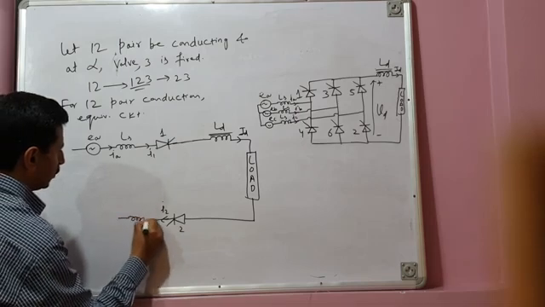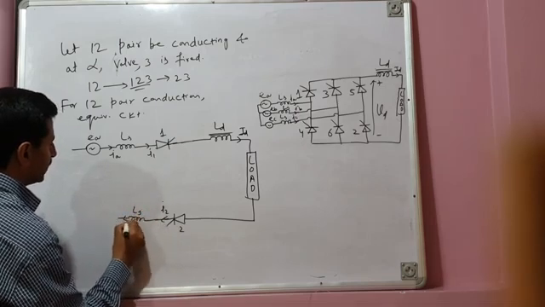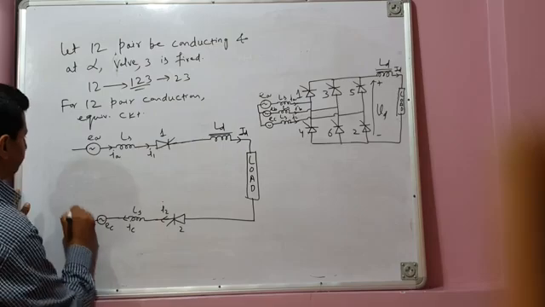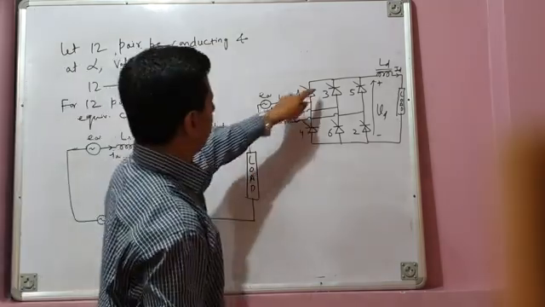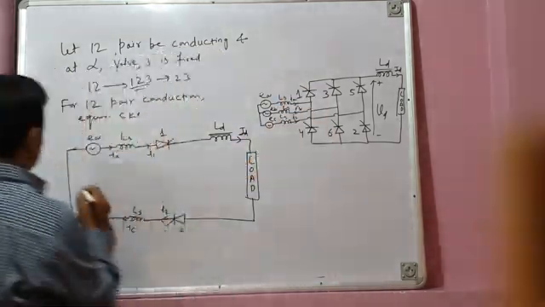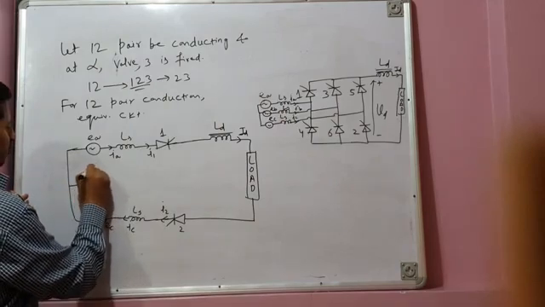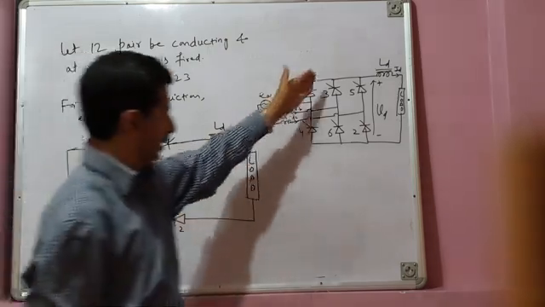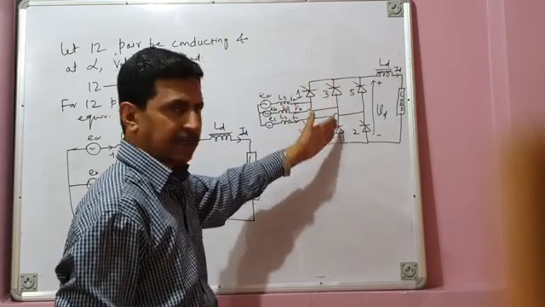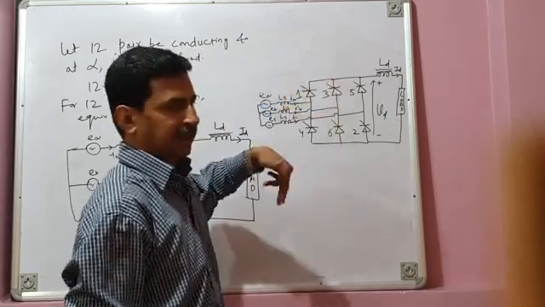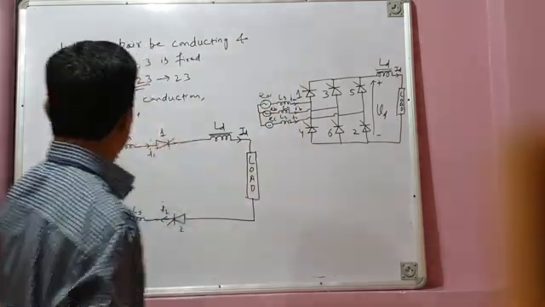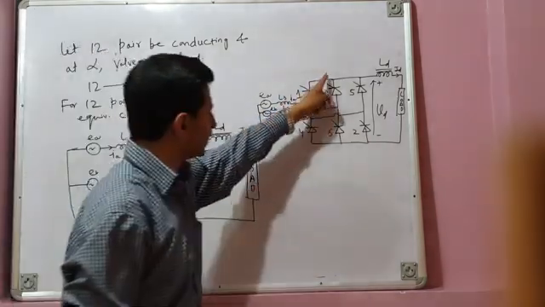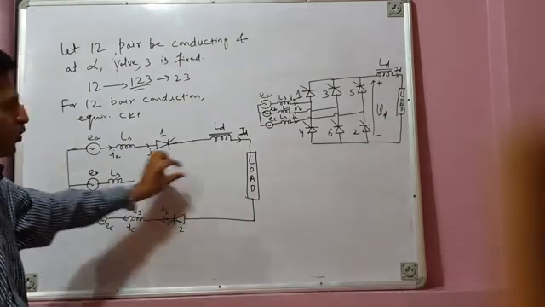This is the source inductance LS, this is IC, and this is the phase voltage EC. What about valve 3 and valve 6? They are both off. So if you show phase voltage EB, this phase is open, because in the middle arm none of the valves is conducting. In the first arm, upper valve 1 is conducting, and in the third arm, lower valve 2 is conducting. In the middle arm, no valve is conducting, so it is open.